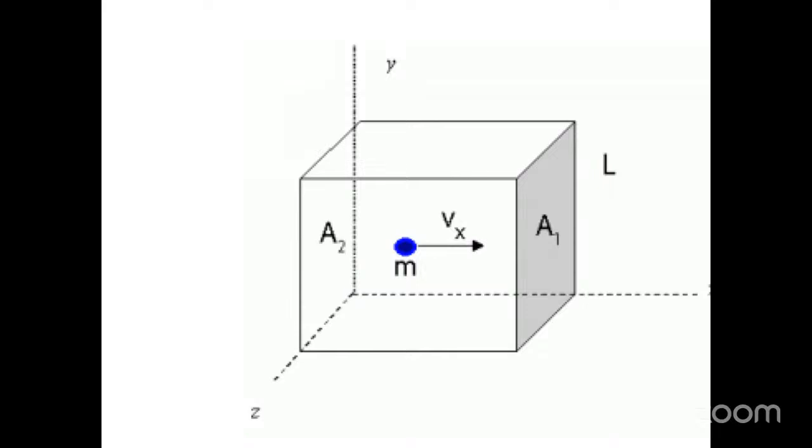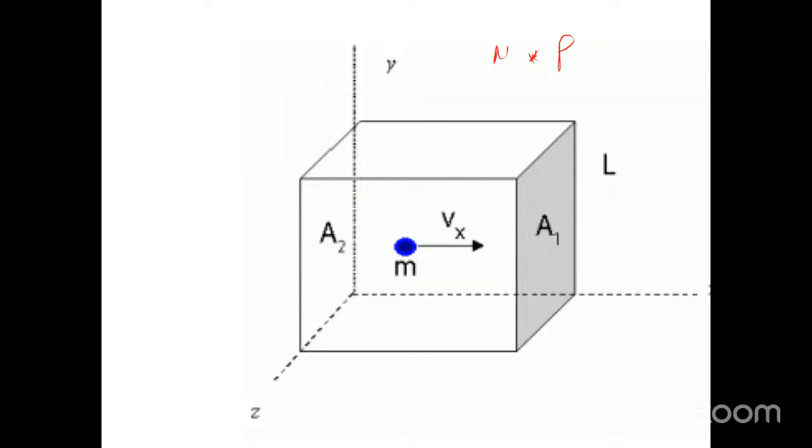So when one particle hits the wall, it will exert that pressure. We're going to try to find that pressure, and then since we have n particles, we multiply that pressure by n. Remember, we're only considering one direction.